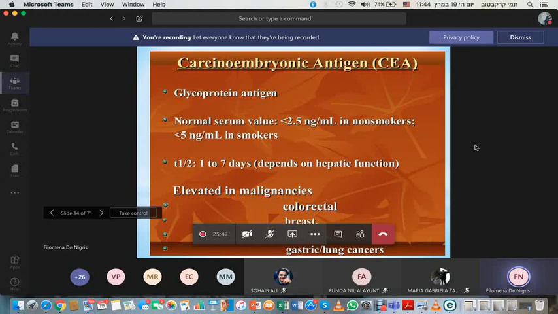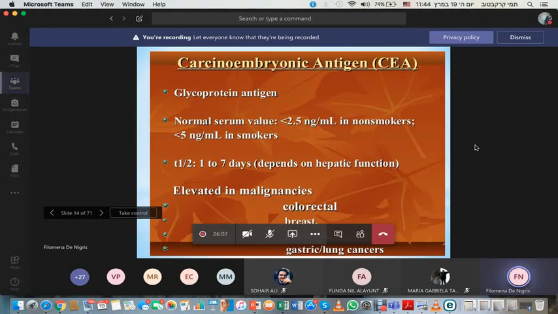The important news is that this marker is increased in smokers, 2 times more than the normal range.